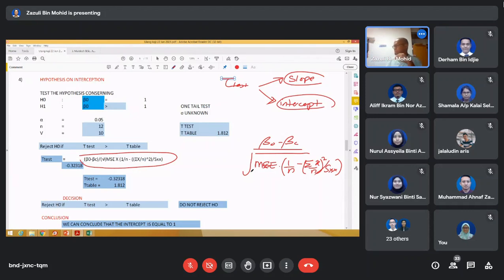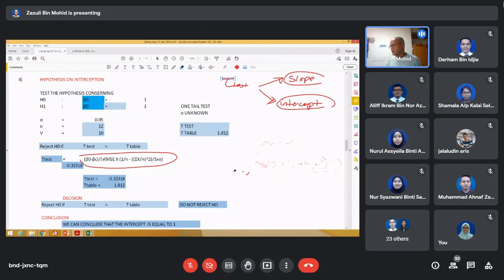Sorry, this is very complicated here because I do the calculation in Excel, so the notes become Excel formula.